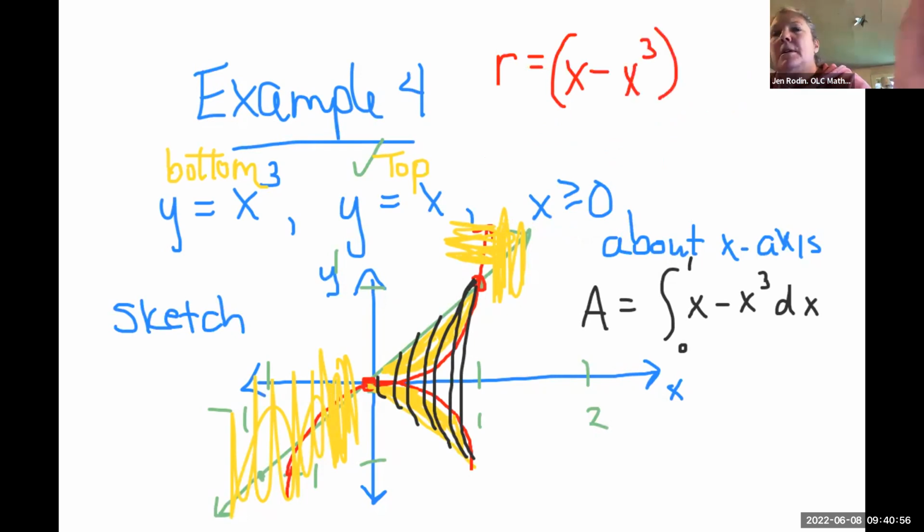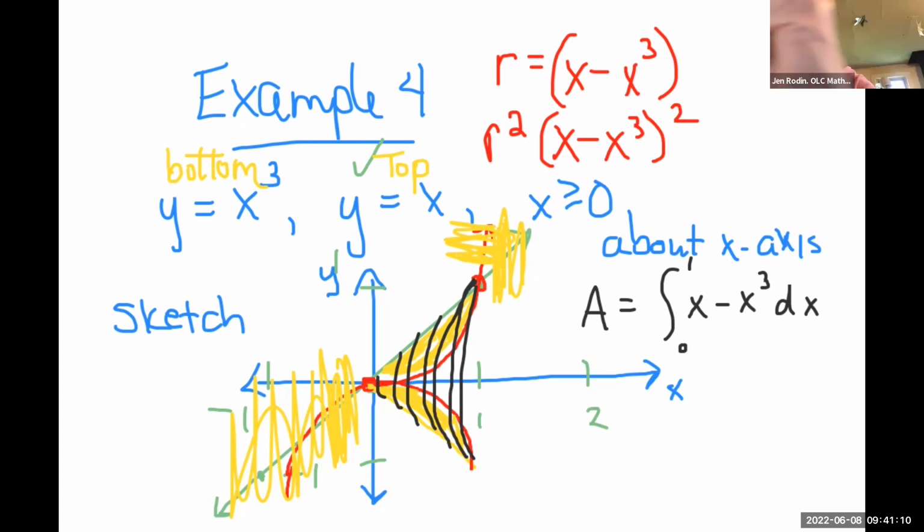Just like that. So r squared would be x minus x to the third, squared. And so that's where it can get to be a bit of a task, because now our volume would equal, I'll put pi out front, pi r squared.